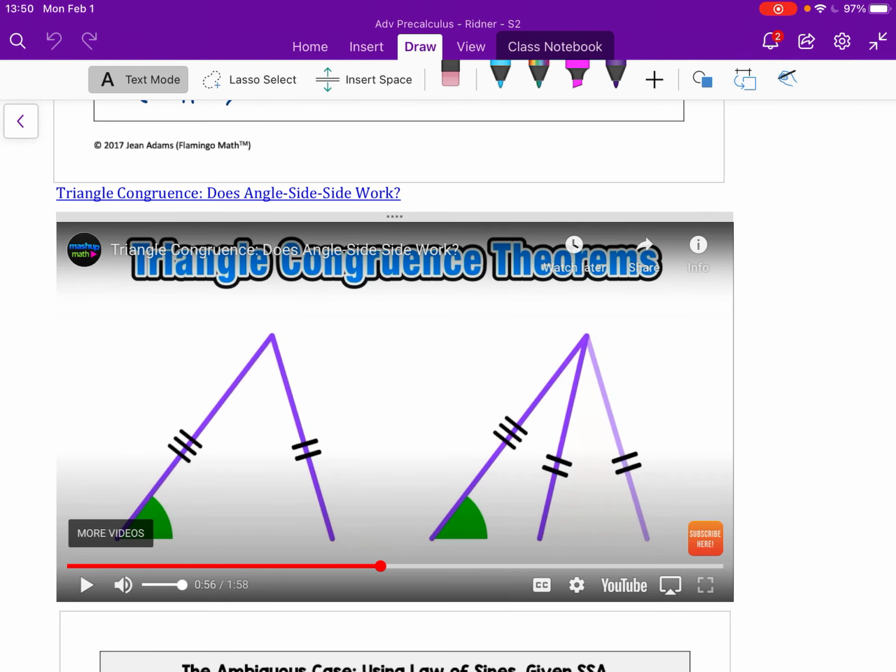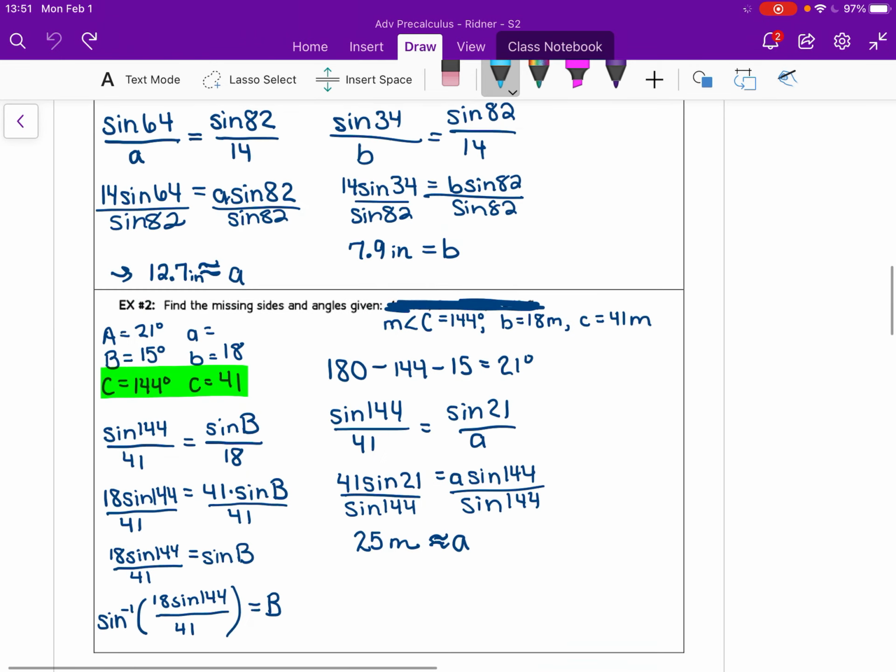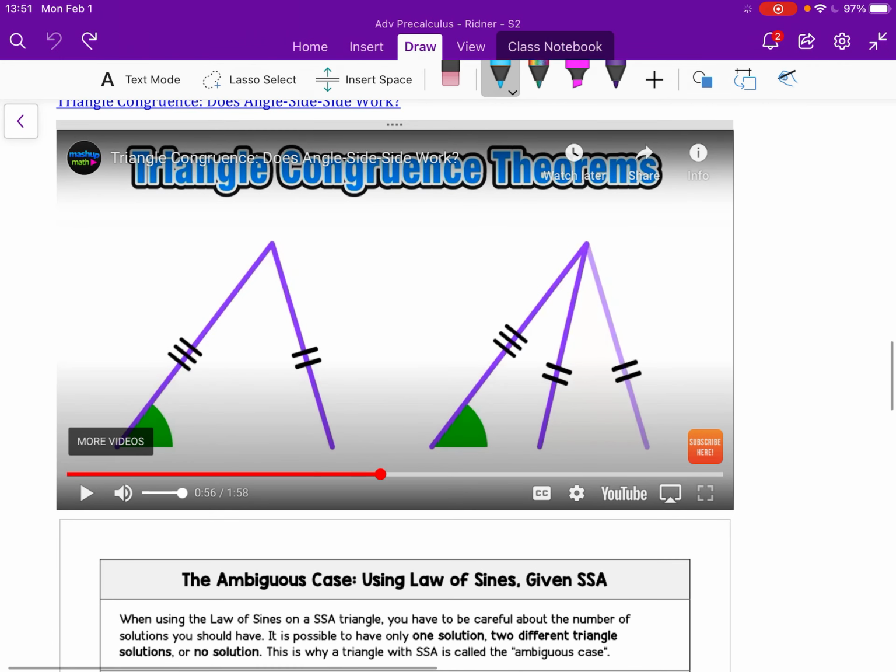So pausing right here for just a second. Notice these are 2 different triangles. I don't know if I can write on top of a video. So, oh no. That was triangle 1. And this could be triangle 2. It could be possible that there are 2 triangles depending on what you're given.